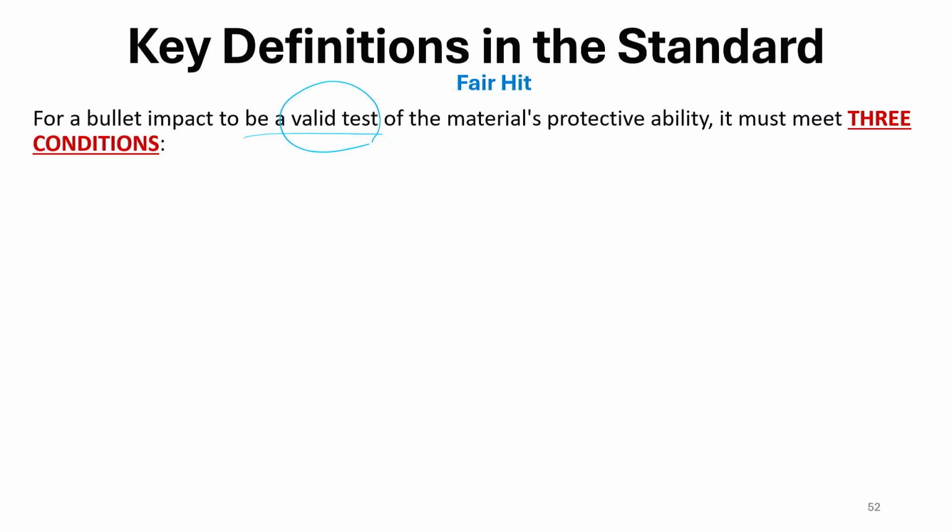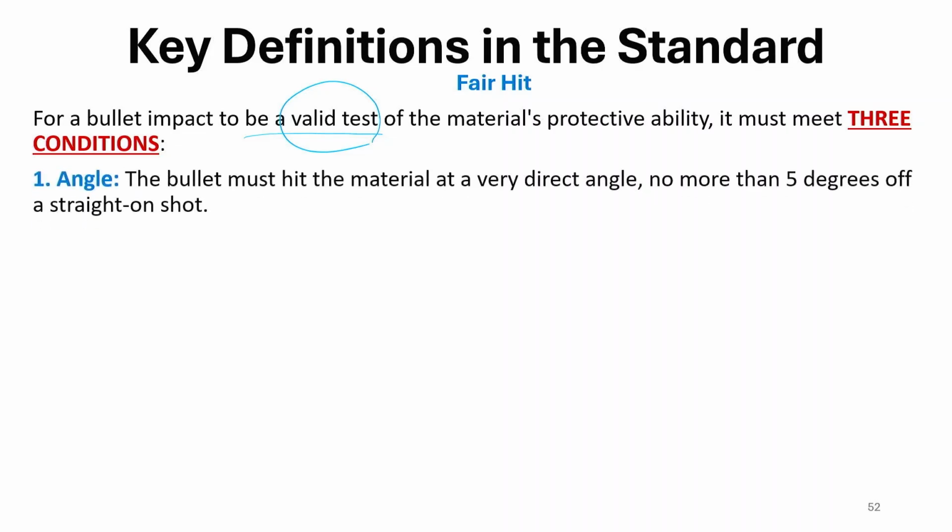Under three conditions we check the validity of a particular shot. First, its angle. The bullet must hit at a very direct angle, that is a 90-degree angle.